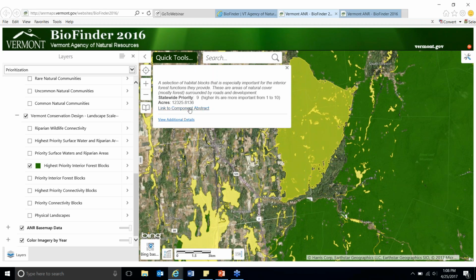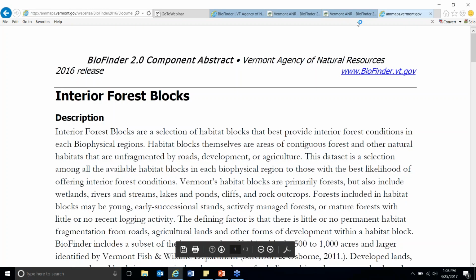Now, there are also 2 links here that allow you to link to additional information. If you do this top one, link to component abstract, this is the component highest priority interior forest blocks. This gives you information about that entire component, about all of the interior forest blocks in the state.